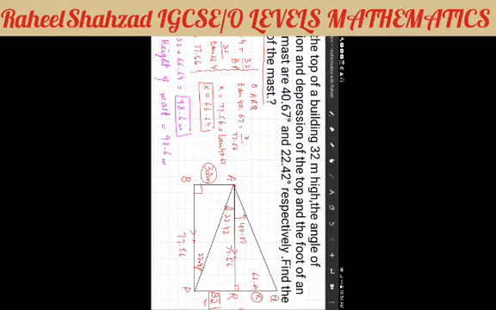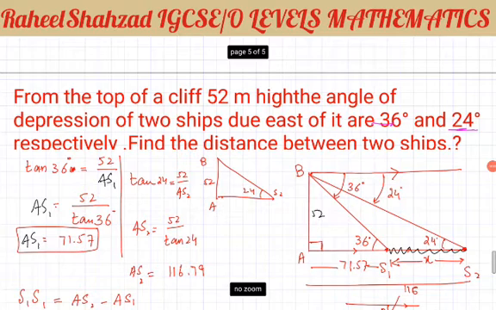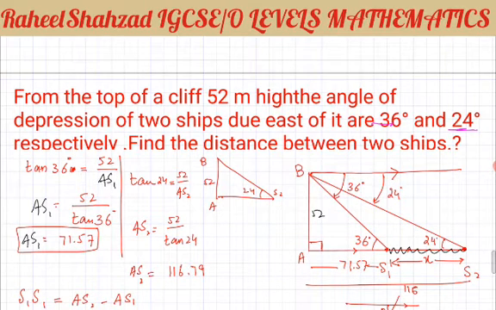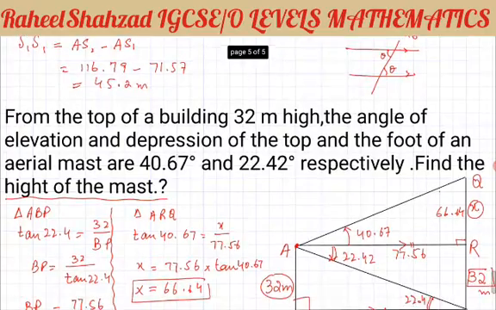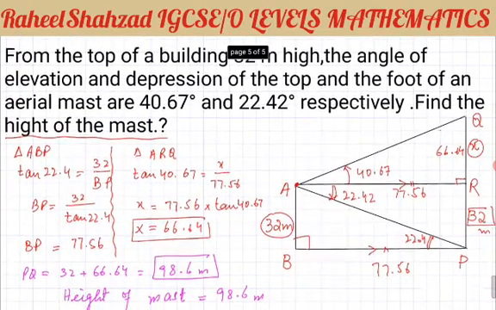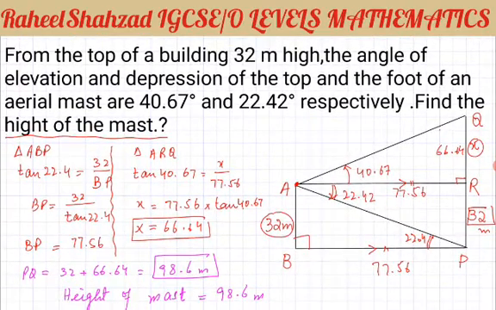So have a look at what we have learned in this question. It says from the top of a building 32 meter high, the angle of elevation and depression of the top and foot of an aerial mast are 40 and 22 degrees respectively.